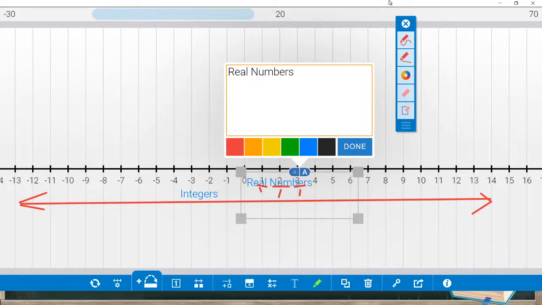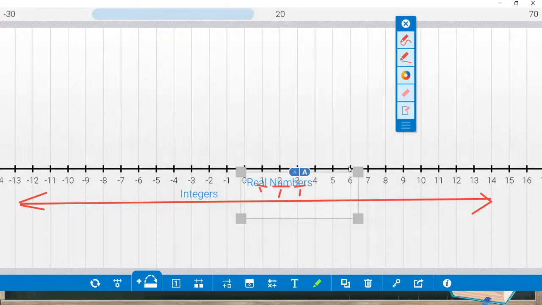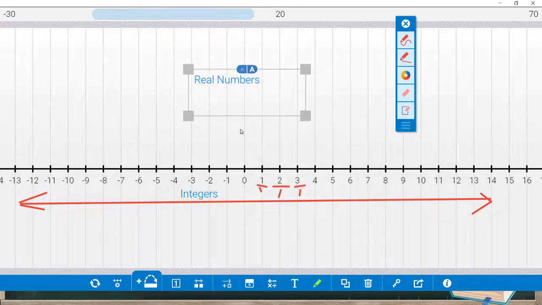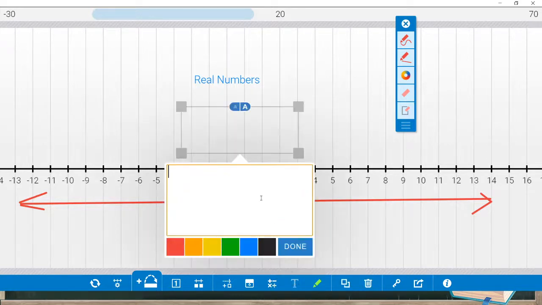Okay, now let me just tell you something just for your information. All the numbers in the world, all the numbers in the branch of mathematics, are divided into two categories. One is real numbers and the other category is imaginary numbers.